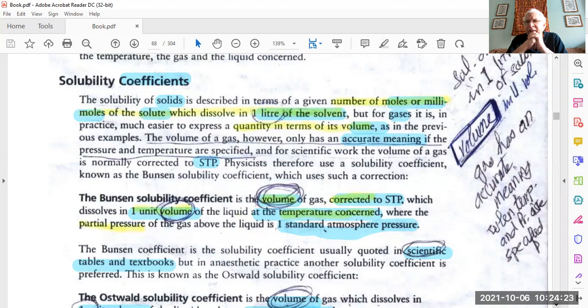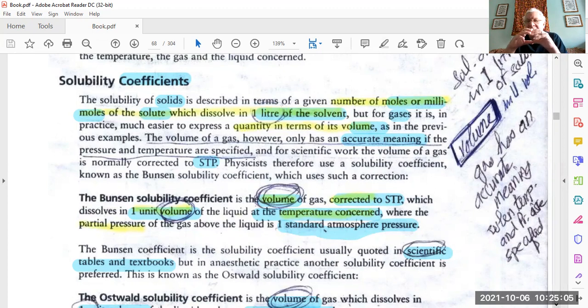What's the meaning of that? At a particular temperature, each gas definitely has a special volume and a pressure. At this particular temperature, I want to regain the gas, to return it to its volume when the temperature is zero and the pressure is atmospheric. In these conditions I see how much of this gas is being dissolved in the unit volume of a liquid, the unit volume of the liquid at the temperature concerned, whether the temperature is 30, 40, whatever.